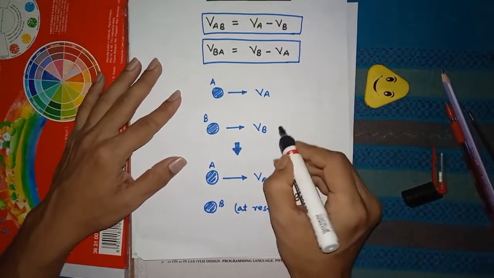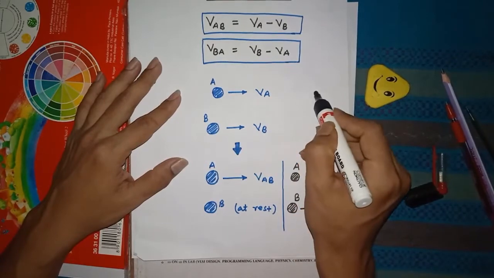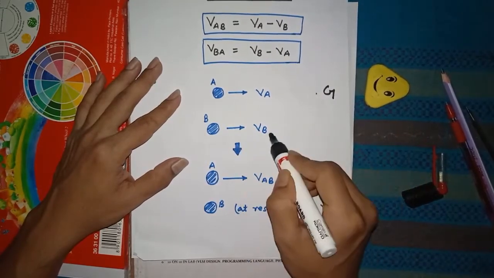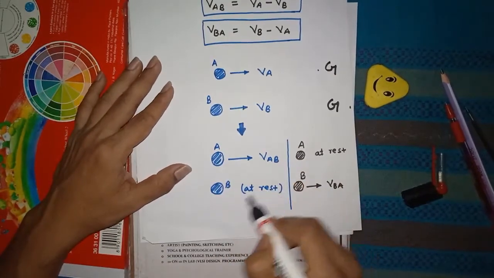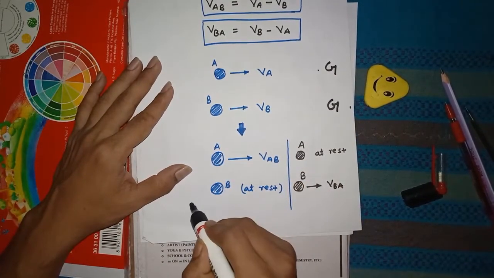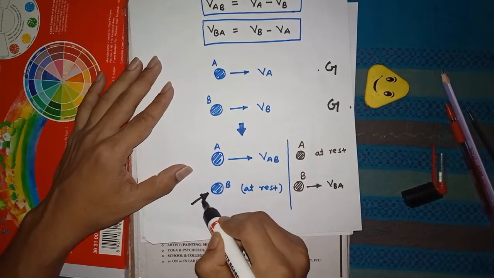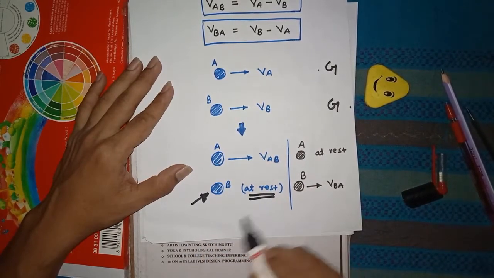If A has velocity VA with respect to ground and B has velocity VB with respect to ground, then in the relative case, B is the reference frame, so you have to take it at rest.